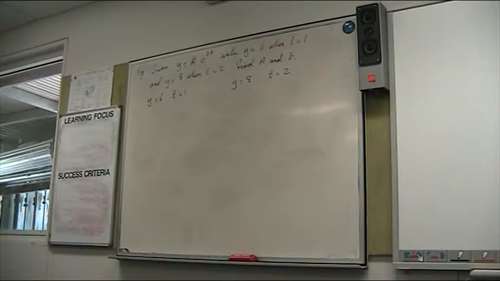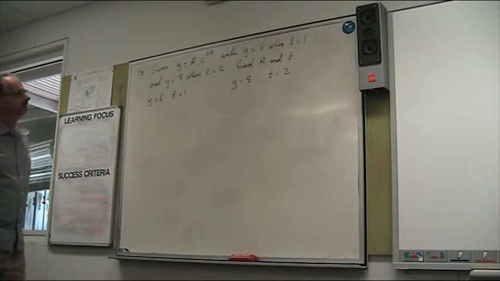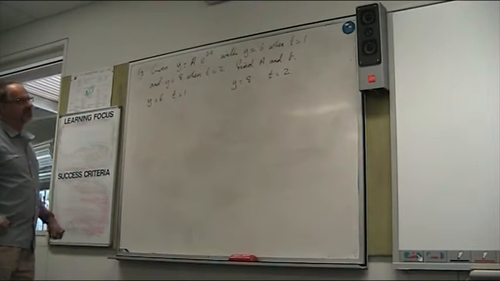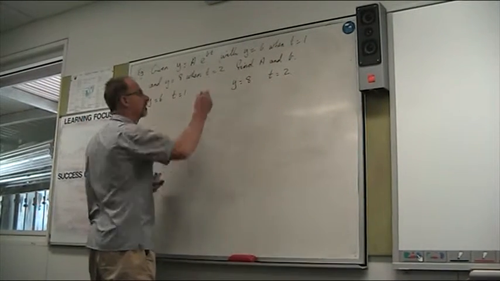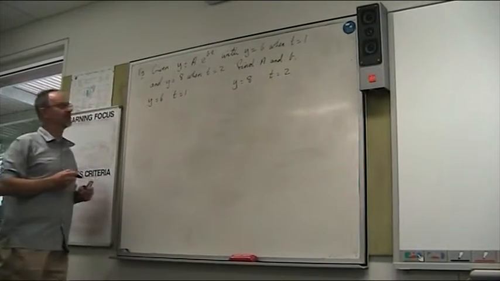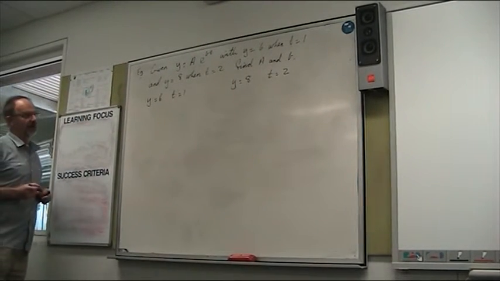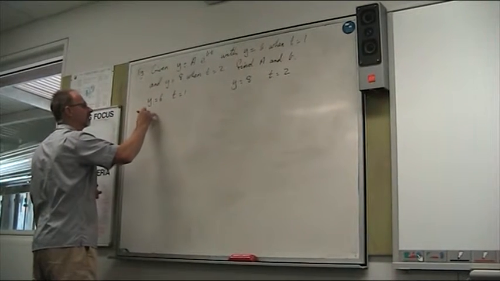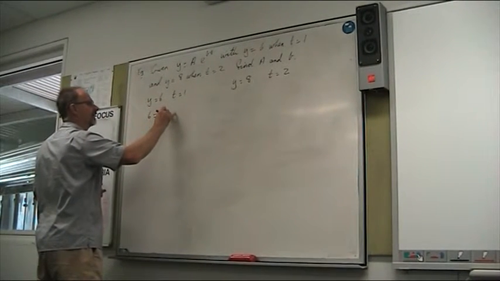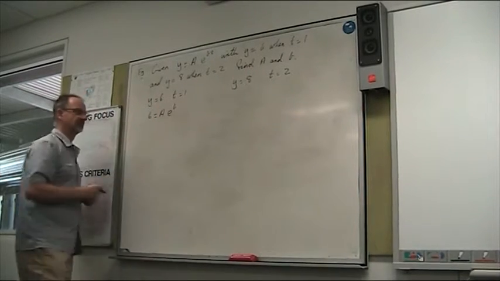Alright, so we've got information. We're told that the equation is a particular type, y equals A e to the B times t. We're given a couple of bits of information corresponding y and t values. And so we substitute that information. So when y is 6, t is 1, so you get that.